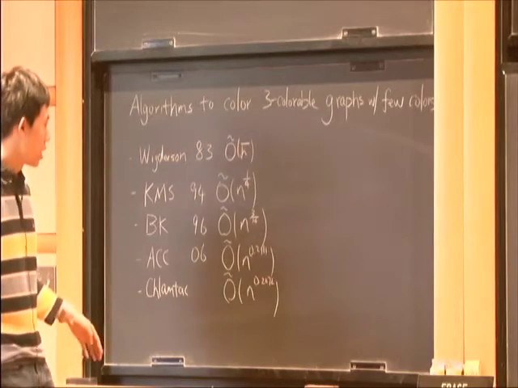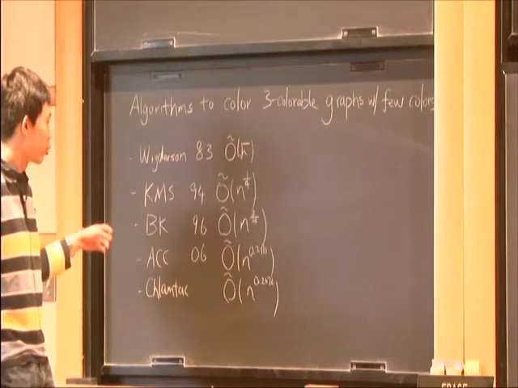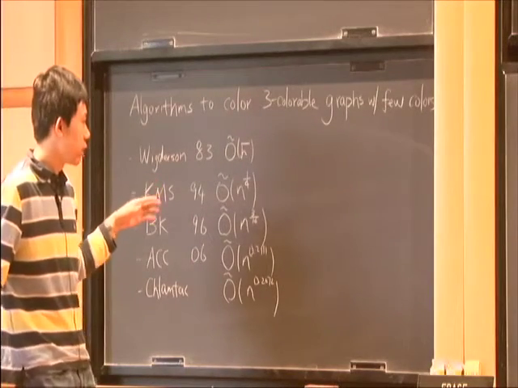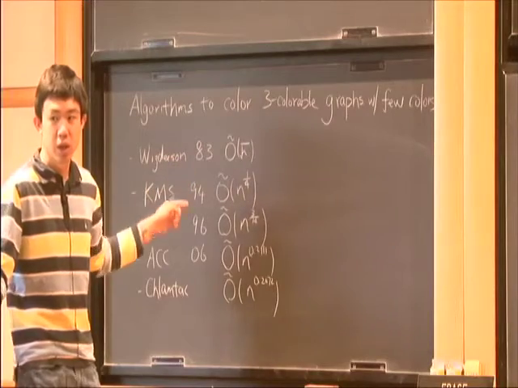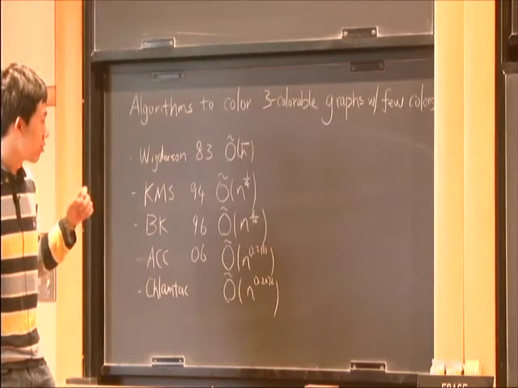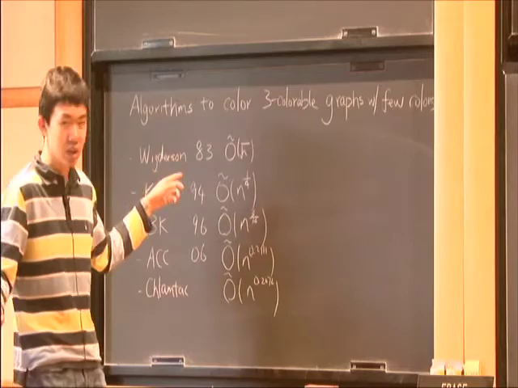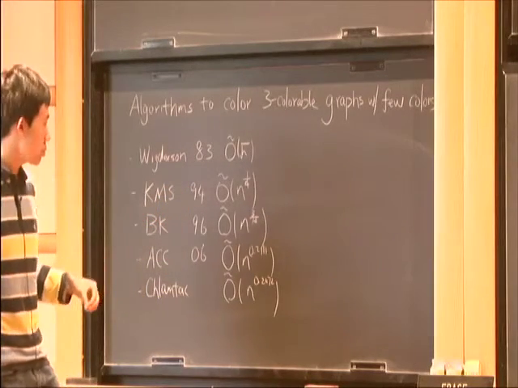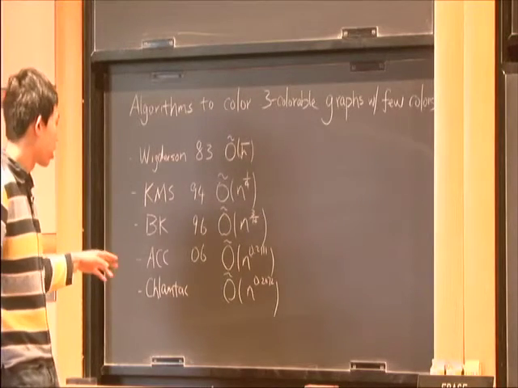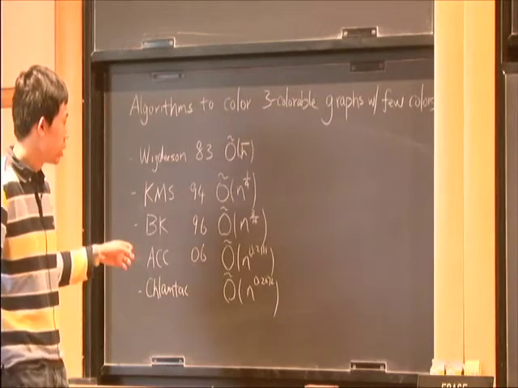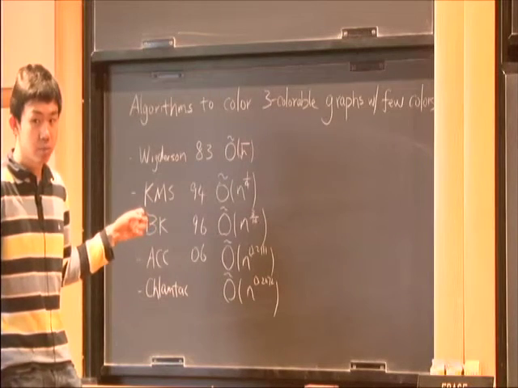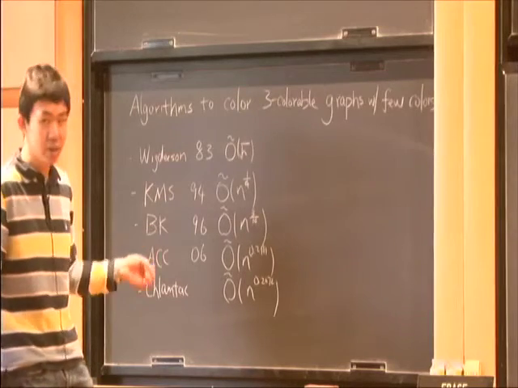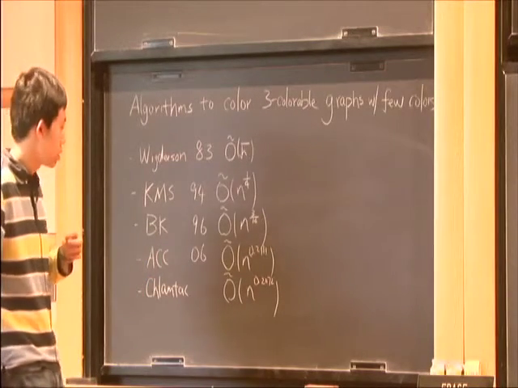As you see, there's a line of work starting from Wigderson's algorithm in '83. It gives O tilde square root n coloring. Here, O tilde always hides logarithmic factors, so it can always color a graph with square root n log n colors. Later, Karger, Motwani, and Sudan gave an SDP algorithm that can color any 3-colorable graph with roughly n to the 1/4 colors.